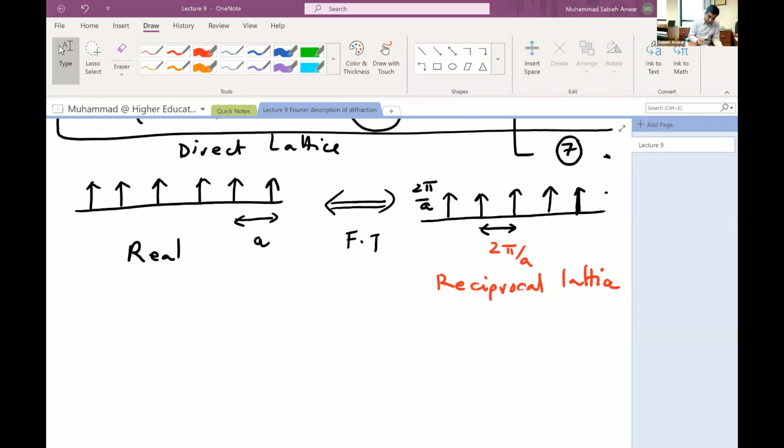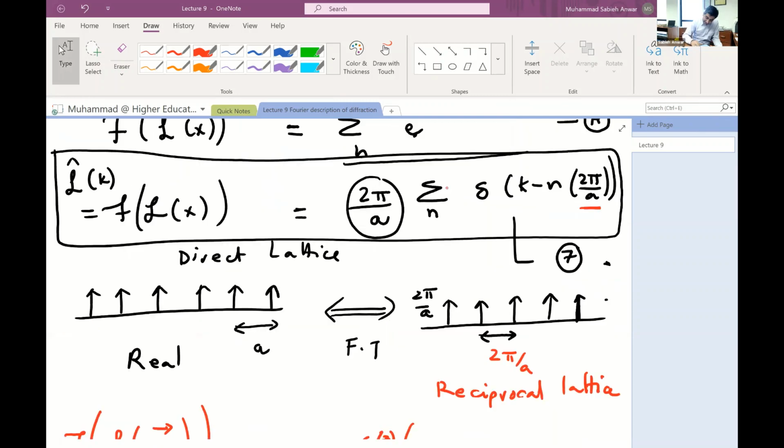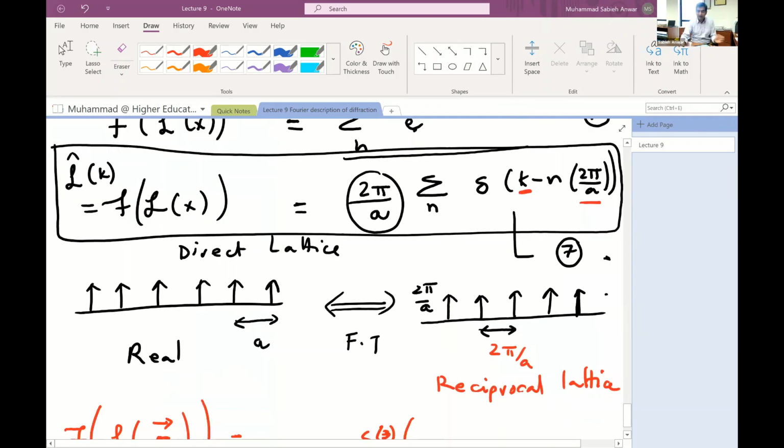So if I have a 3-dimensional lattice, which is now represented by the variable L, and I take the Fourier transform of the 3-dimensional lattice, instead of getting a series of 1-dimensional Dirac delta functions, I would get a 3-dimensional one. Let's represent this by delta 3, and now I have to replace this simple scalar variable k by a vector, which is now my k vector.